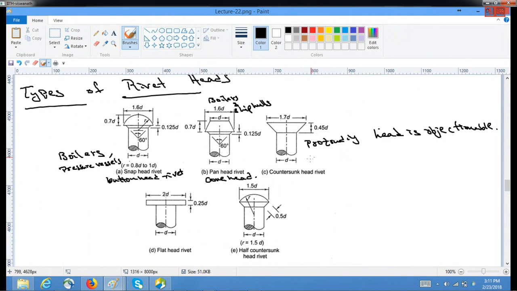These are generally used in ship hulls below the water line, because below the water line, if there are protruding heads, that causes higher drag coefficients, and that will hit on the economy of the ship while maintaining it. So that is the reason when you don't need a protruding head, a countersunk head is used.